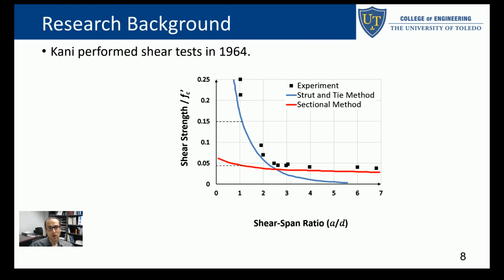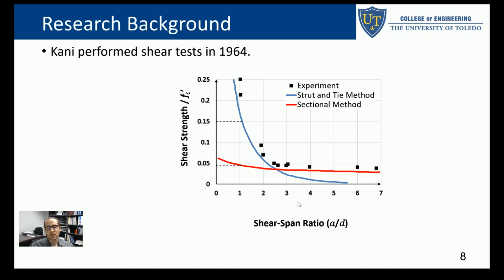This plot is coming from 1964. The data comes from 1964, but the plot is more recent. You can see here the experimental results from Kani tests conducted at the University of Toronto, Canada. If you plot these on normalized shear strength versus shear span to depth ratio, you will see that it goes exponentially, right?